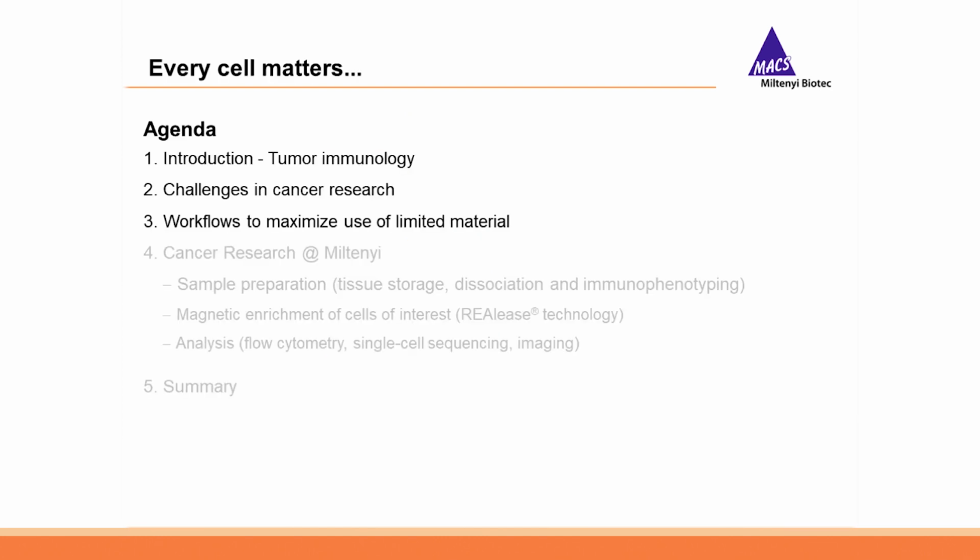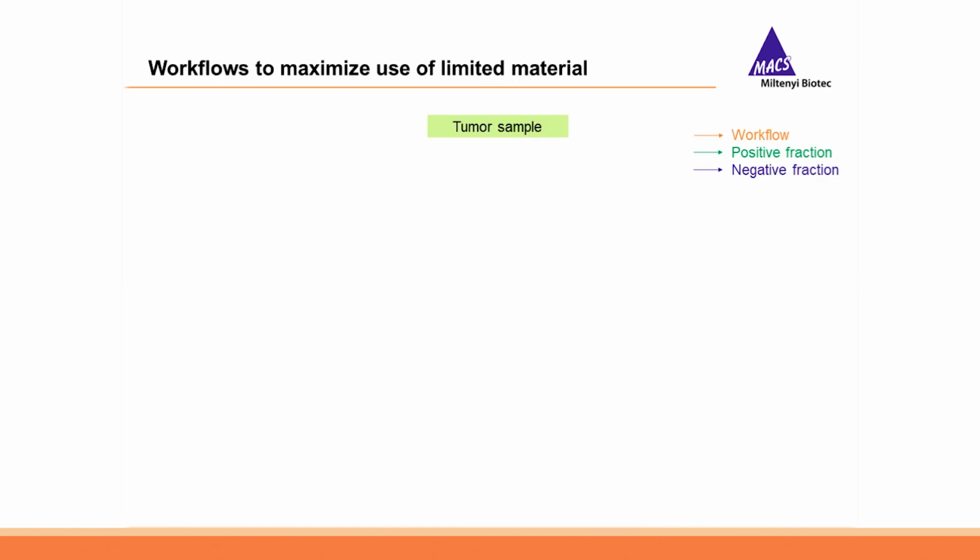To prevent that, we developed tools and workflows that allow extracting the maximum amount of information from limited material, while minimizing the experimental time and workload. I will start by briefly summarizing examples of our strategy and then zoom in on specific portions of it.